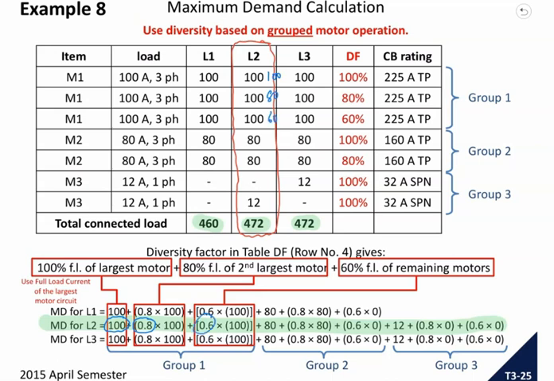And then it will be another type of motor. So we start with 100 again. So this is reflected as 100. Next one is 80. And we realize that in this case, we only have one of M3. So we will have 12 here, and these two are not required.